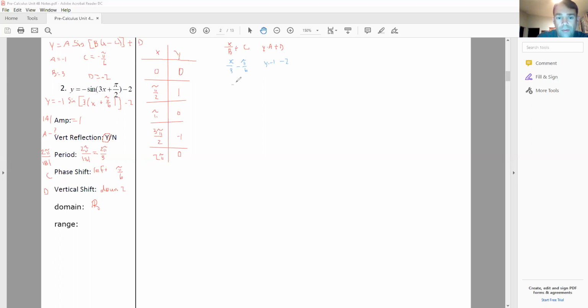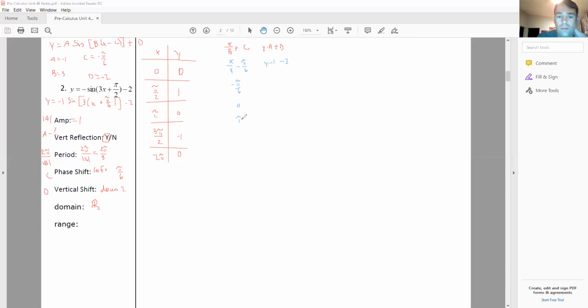That's negative pi over 6. Plug pi over 2 in. Pi over 2 divided by 3 is pi over 6. Minus pi over 6 is 0, the hero. Pi divided by 3 is pi over 3, which is the same thing as 2 pi over 6. So 2 pi over 6 minus pi over 6 is 1 pi over 6.